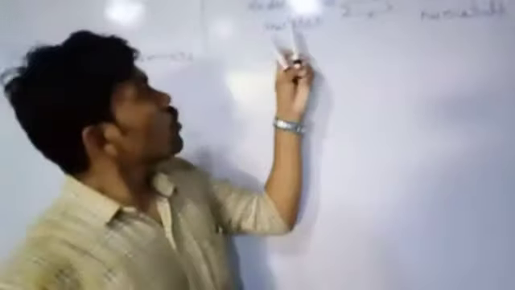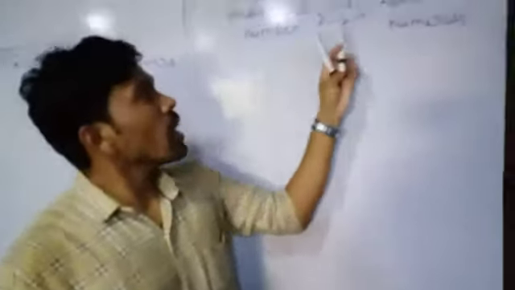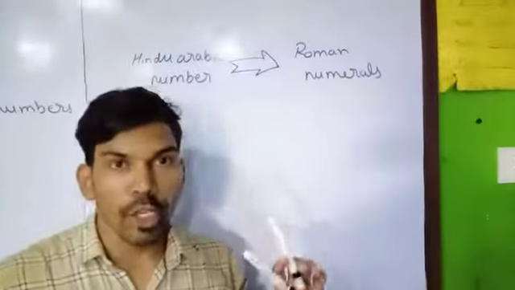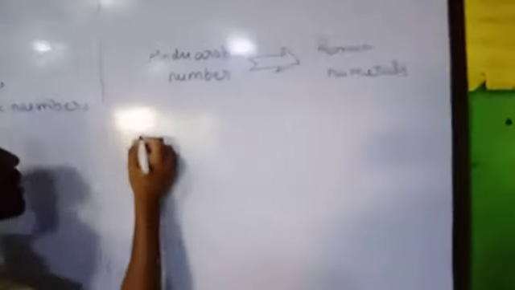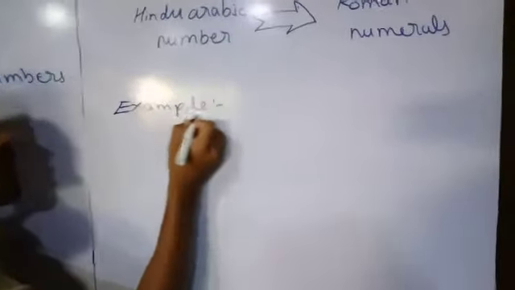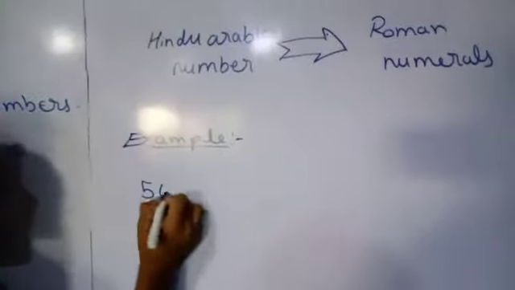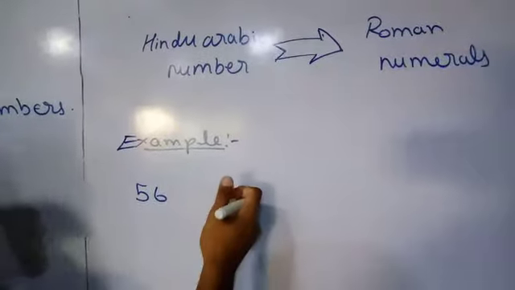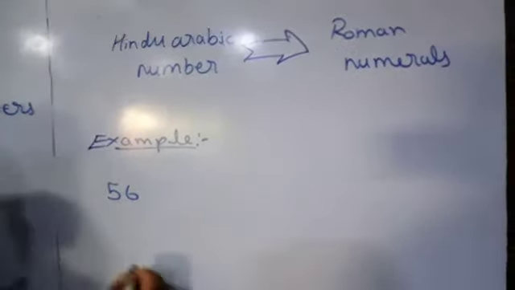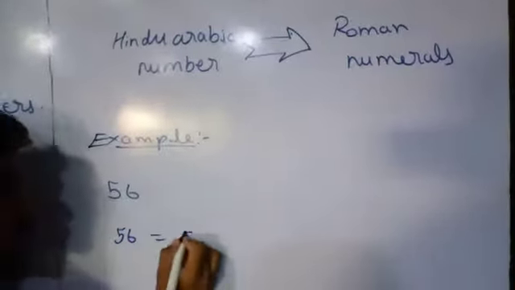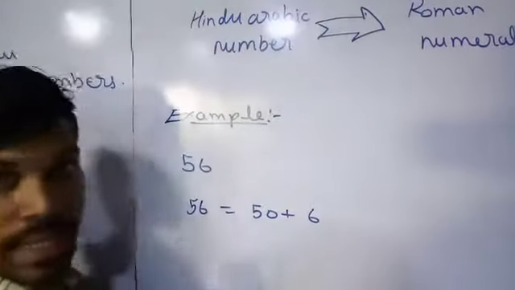Now we have to learn how Hindu Arabic numbers are converted into Roman numerals. Take an example. We take the number 56. What is the Roman numeral for 56? We can expand 56 as 50 plus 6.